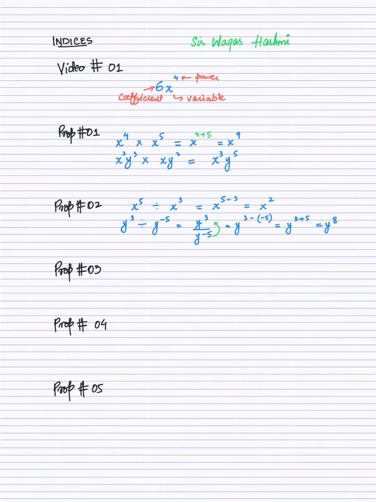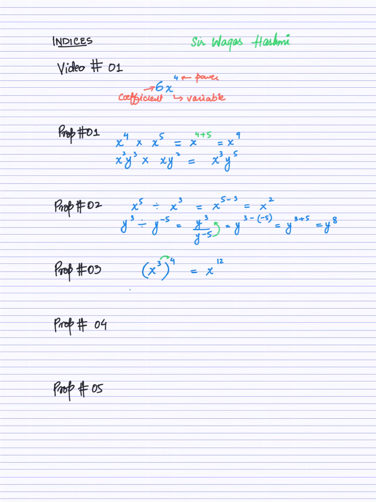Furthermore, if you have a whole power, like x to the power 3 multiplied by whole power 4, now keep in mind that power multiplies with power, so that will be equal to x to the power 12. 3 4s are 12. So if you have a power with a power, you need to multiply those two powers.